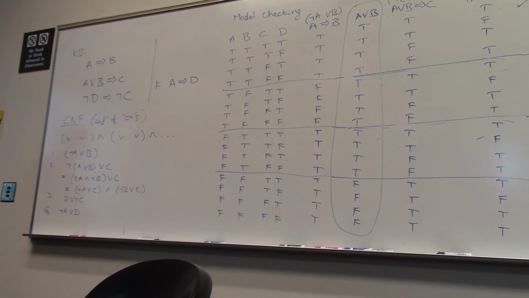Okay, so this is how we write the knowledge base and the goal in CNF form. Now we can apply resolution rules on this and see whether this can be achieved or not.